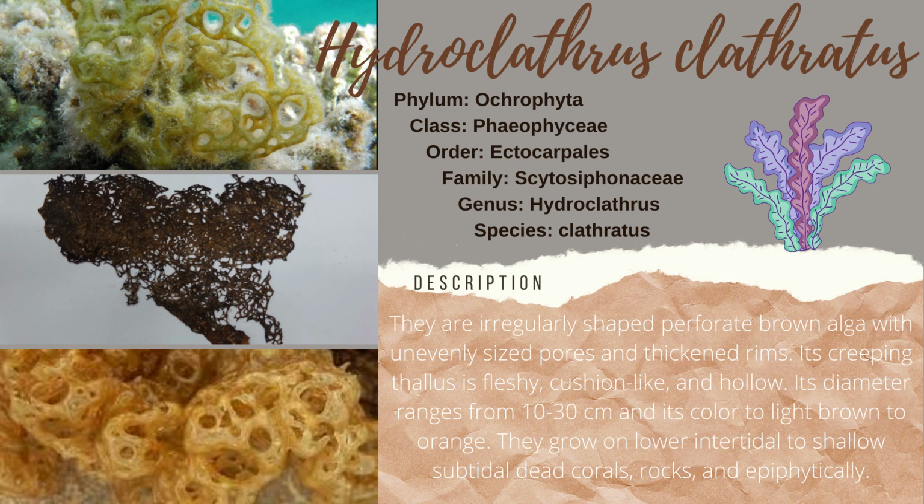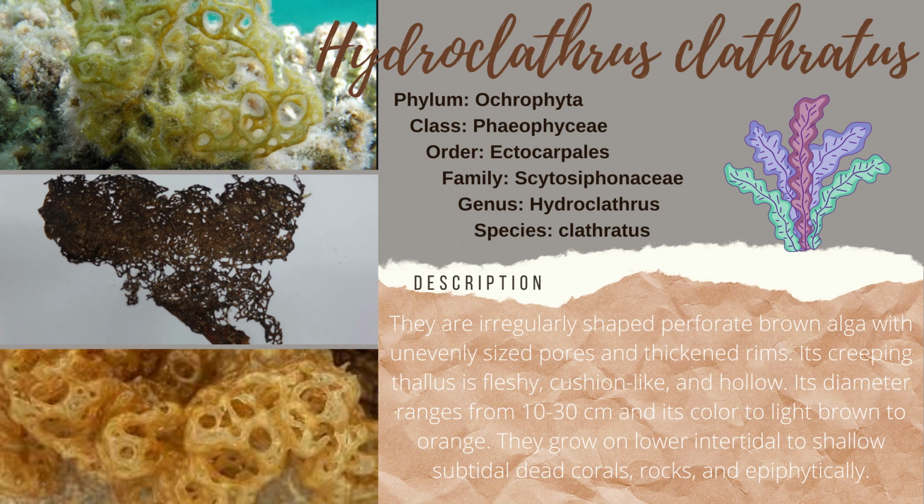Hydroclathrus clathratus, phylum Ochrophyta, class Phaeophyceae, order Ectocarpales, family Scytosiphonaceae, genus Hydroclathrus, species clathratus. Hydroclathrus clathratus are irregularly shaped perforate brown algae with unevenly sized pores and thickened rims.